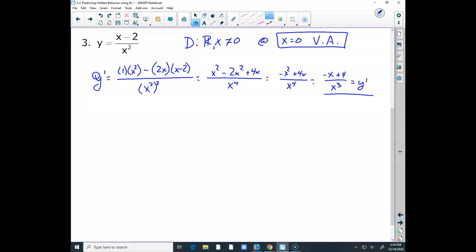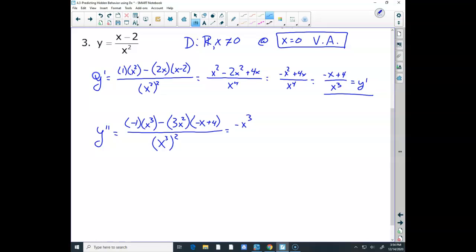Well, I need the second derivative. So I got to dig in a little deeper. The second derivative is, again, the derivative of the top times the bottom minus the derivative of the bottom times the top, all over the bottom squared, which is going to give me what? Negative x cubed.